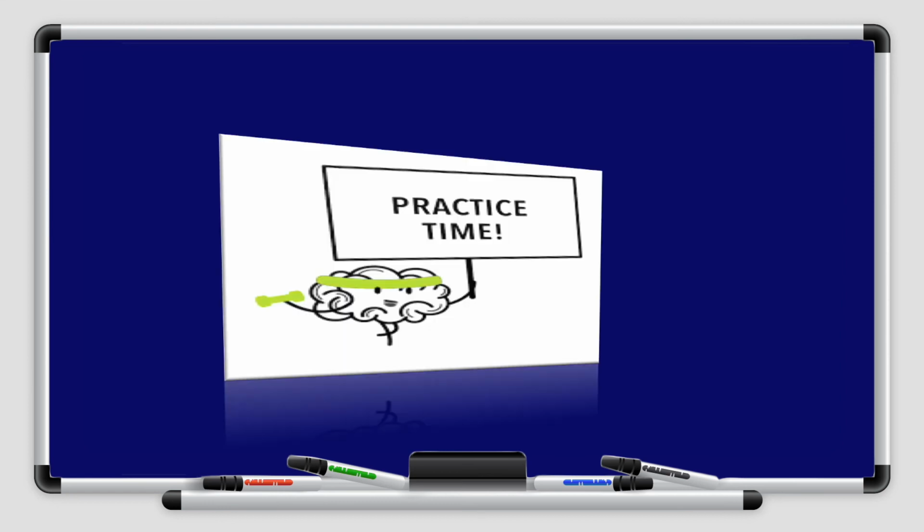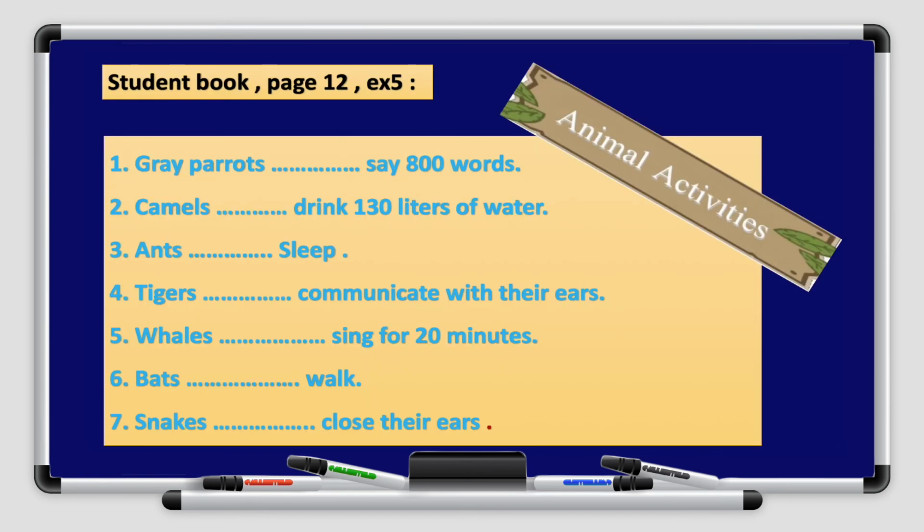Let's have more exercise from your student book. Open your student book, page 12, exercise 5. We have some sentences about animal activities. You will decide what to put, can or cannot. Number 1, grey parrots say 800 words.